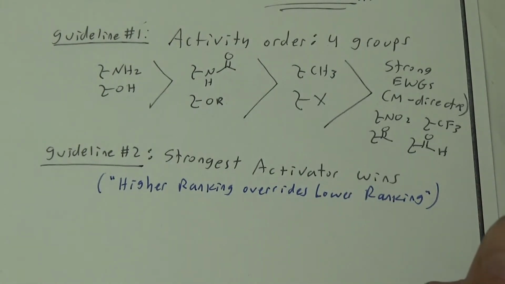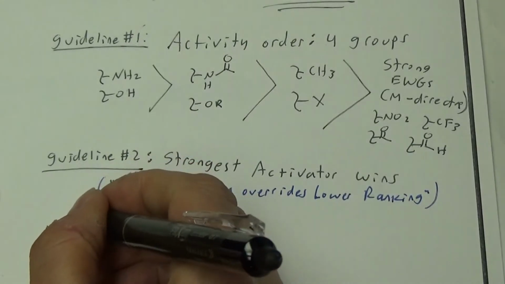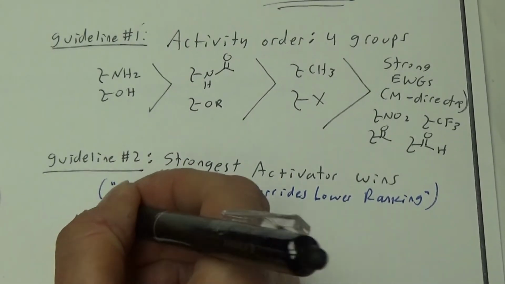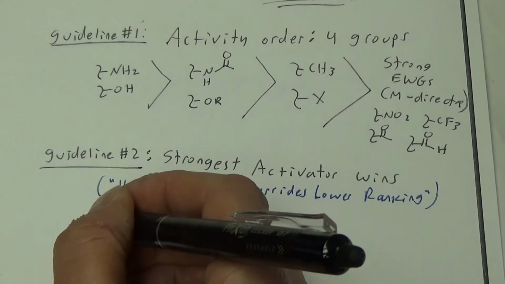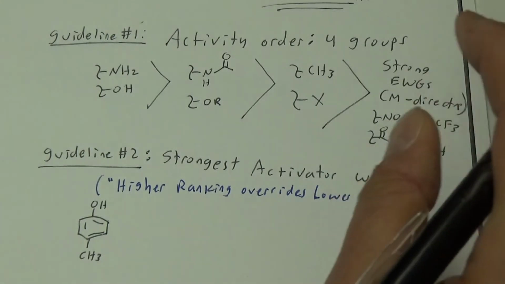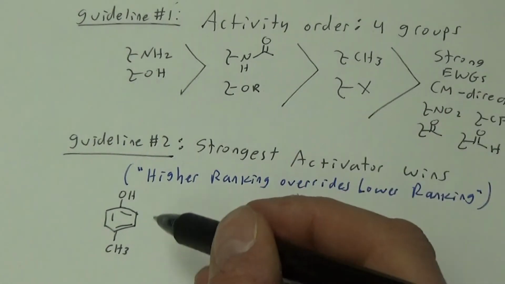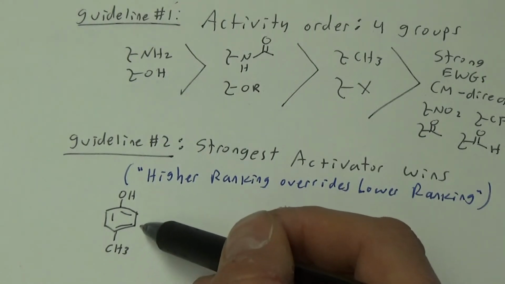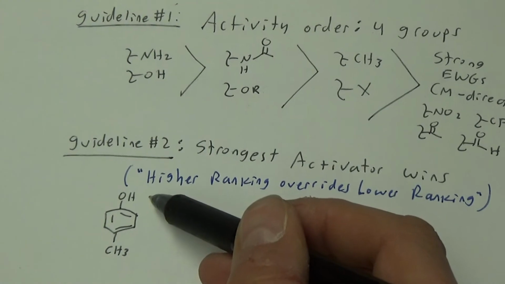Okay. So meaning, let's think about this case. OH versus CH3. This is a great first example. So if I have 2 things on there, first of all, are they both the same kind of directors? What kind of director is OH?